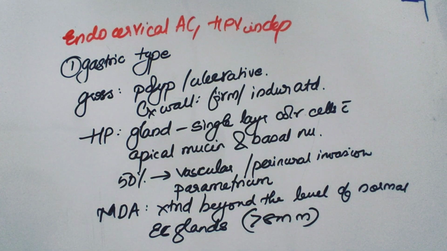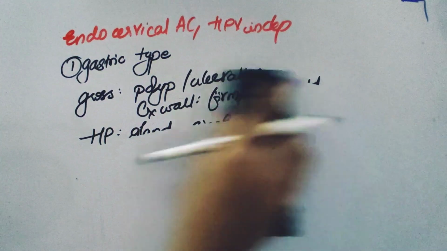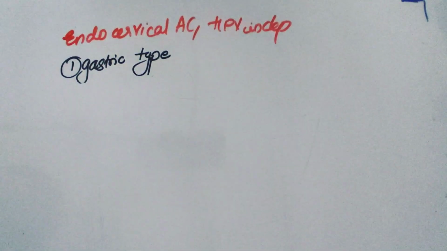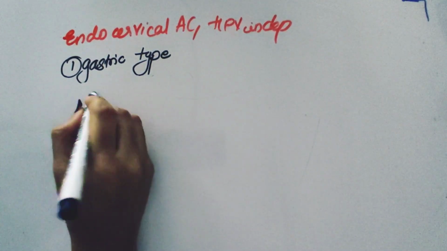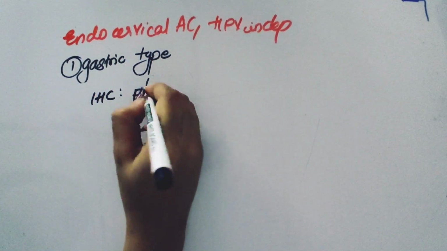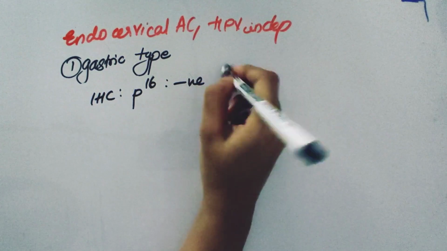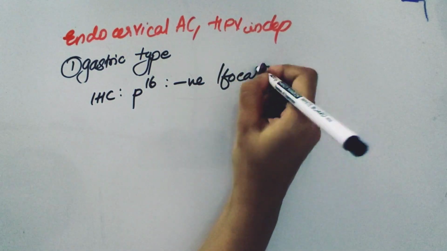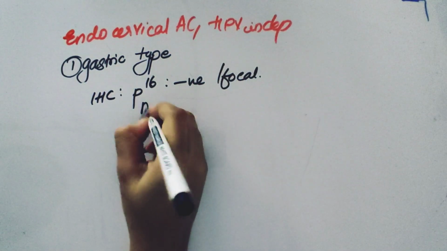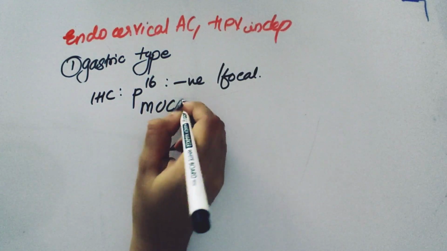And now coming to its IHC. In IHC, obviously we said the P16 will be negative or focal. Why? Because this is HPV independent. And then you will see MUC6 positive.